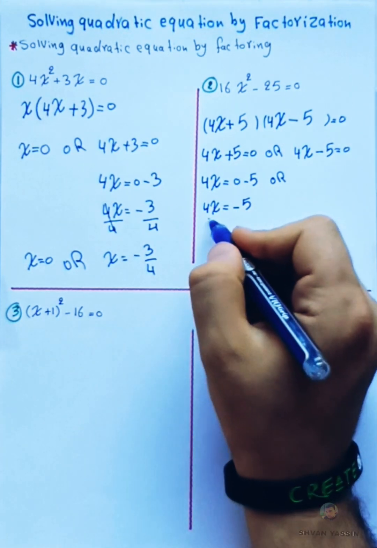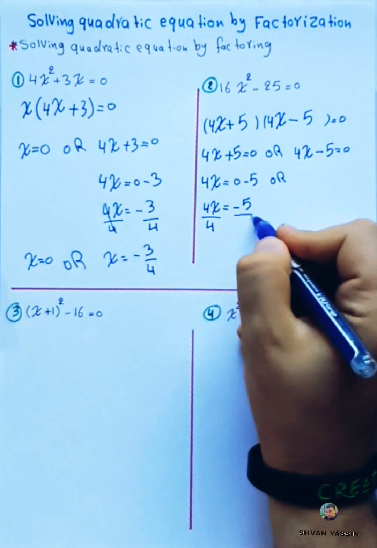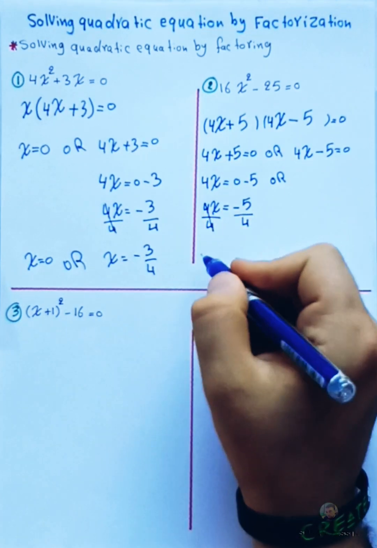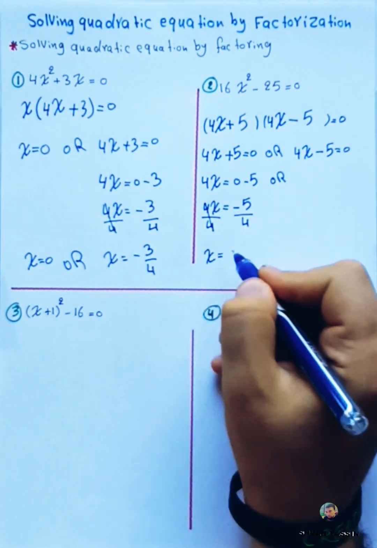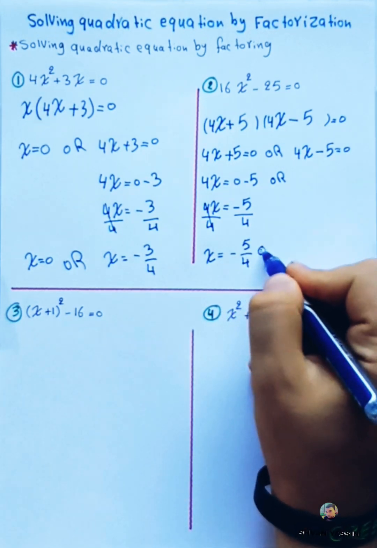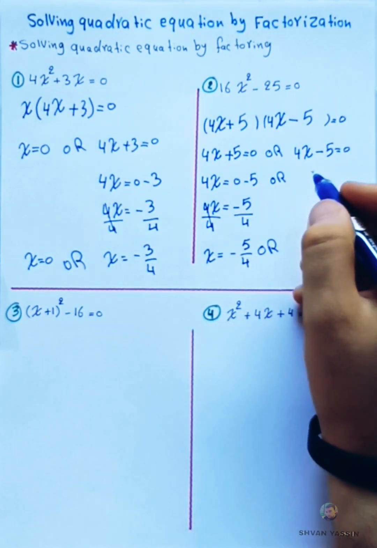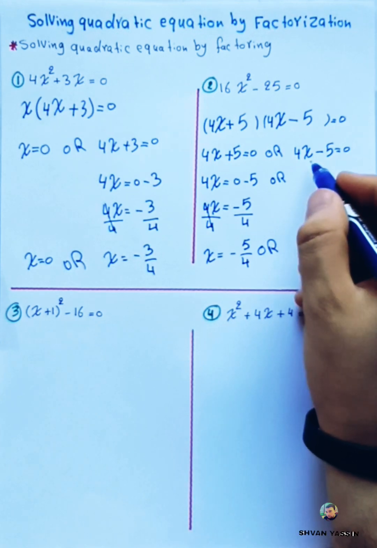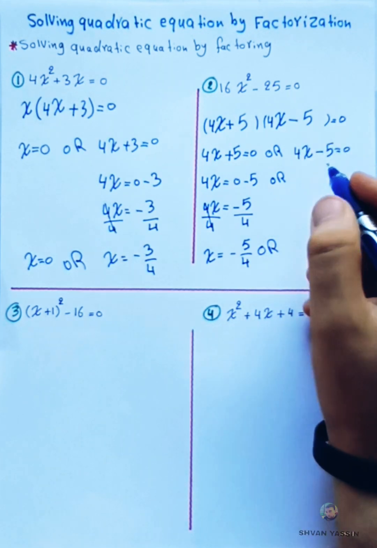After that you have to divide both sides by 4. These two terms are cancelled. x equals negative 5 out of 4, and then for the second value of x, you have to solve the second expression.